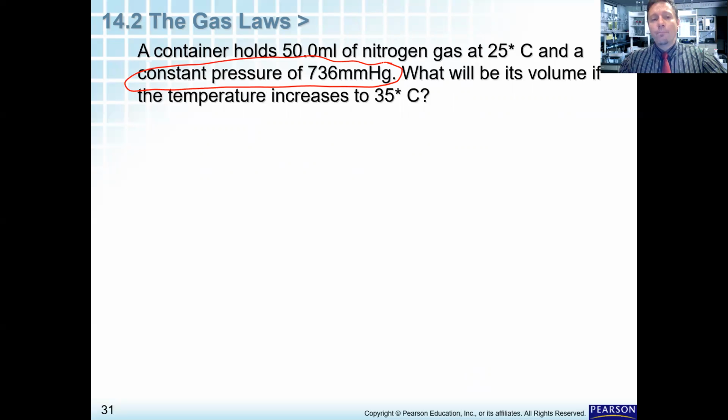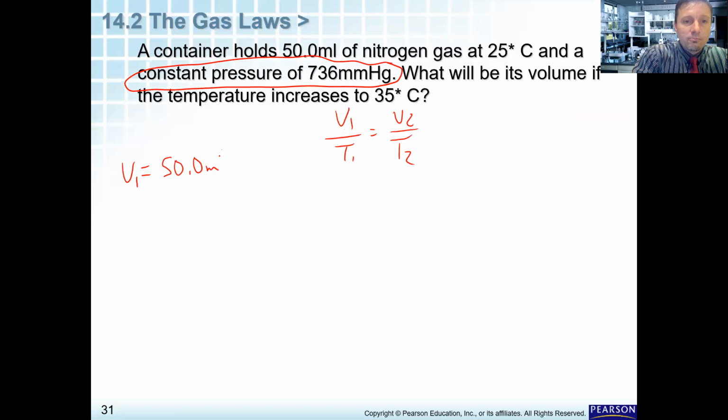I'm not having to worry about pressure. So that right away triggers to me, this is Charles's law. So I have V1 over T1 equals V2 over T2. So now I can write down all my information. So my volume 1 equals 50.0 milliliters. And milliliters are fine. You don't have to be in liters on this.